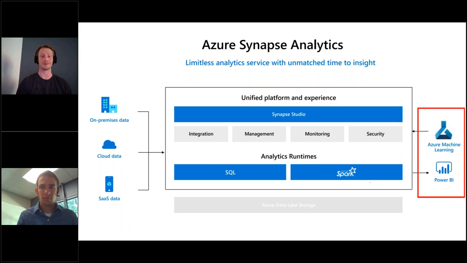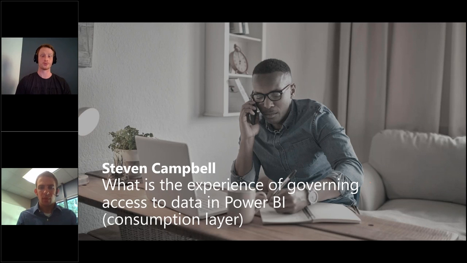Having these all under the same umbrella means that we can integrate our security and our monitoring a lot more easily, instead of having to go to each of these sources and worry that we might have a weak link or a vulnerability somewhere. This makes it a lot easier to maintain and monitor your services at once. So this was an overview of Azure Synapse, the direction we're moving, to explain how to bring this all together.